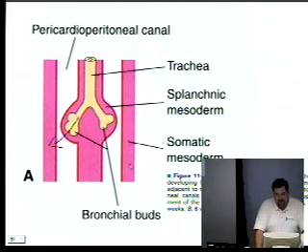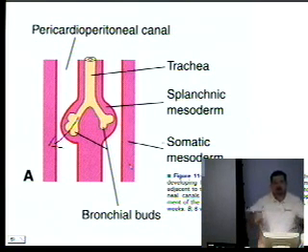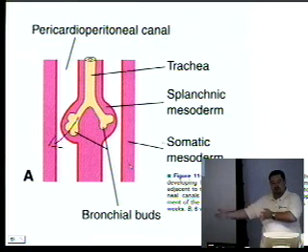It is sort of used interchangeably. I'm not sure exactly what the cutoff point is between when you call it mesoderm and when you call it mesenchyme, but I know mesoderm is earlier. At some point you really ought to be referring to it as splanchnic mesenchyme.